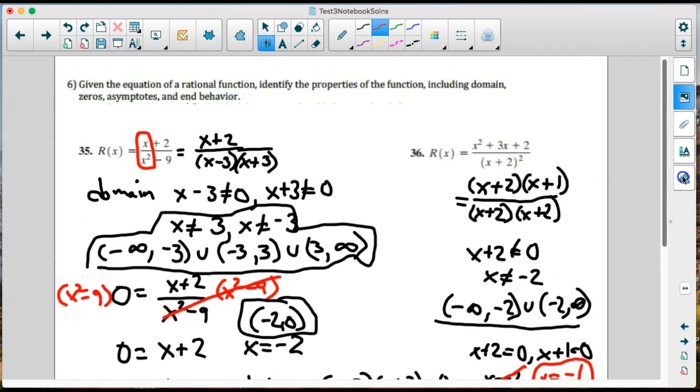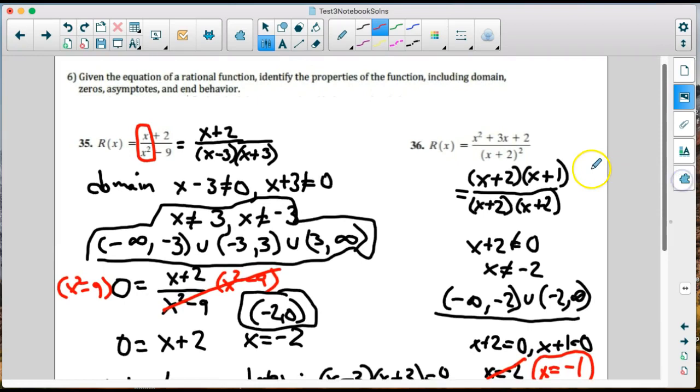And we have a horizontal asymptote since the powers are actually the same. We have to look at the original problem as if it was already multiplied out. So this denominator is really x squared plus 4x plus 4.